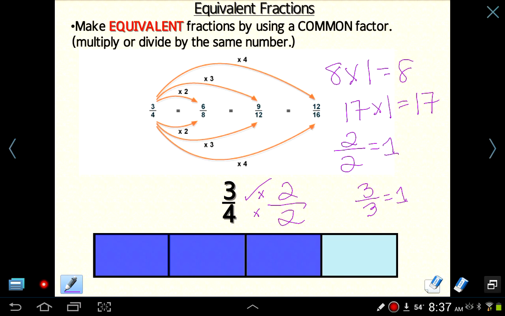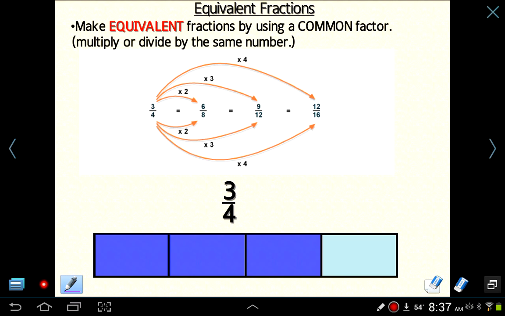So you're essentially multiplying by 1, but we're just expressing it differently. That's all we're doing. So 3 times 2 is 6, 4 times 2 is 8. So that's what we got there.